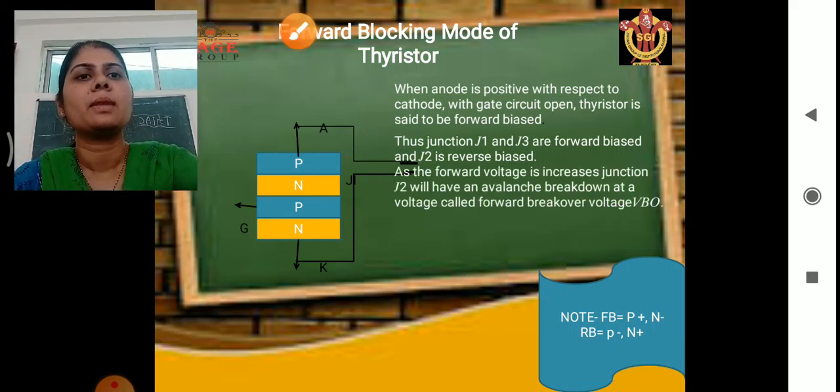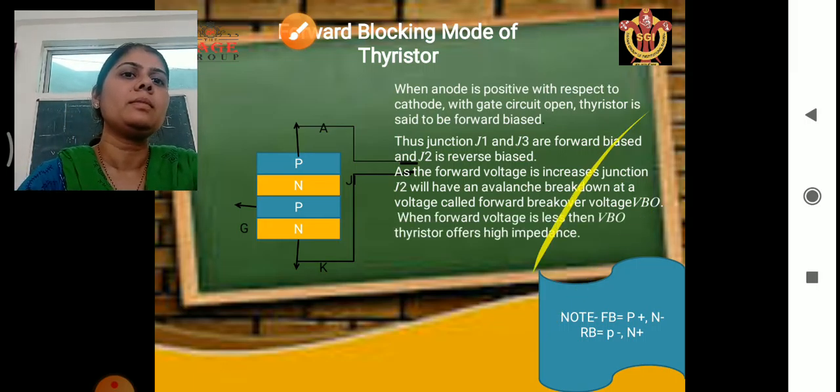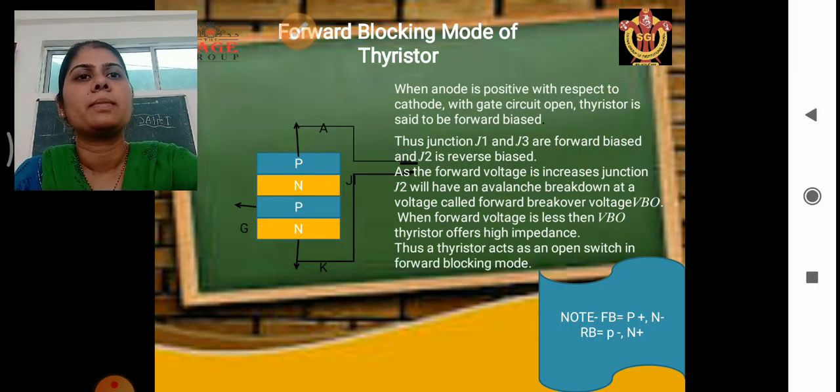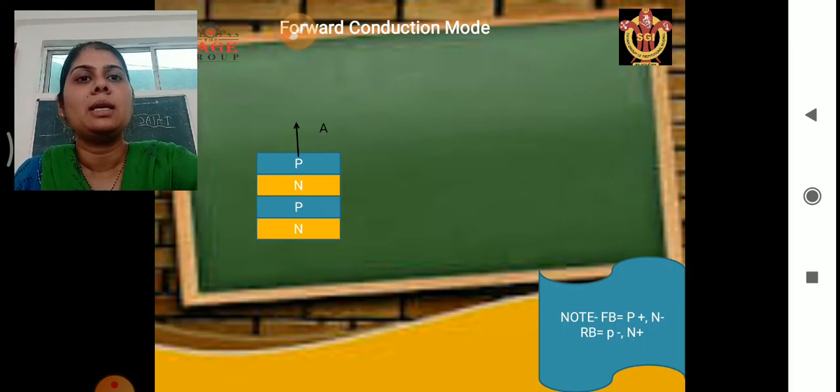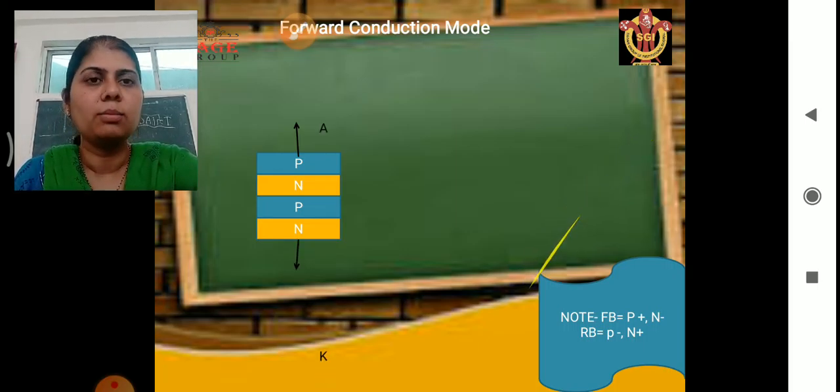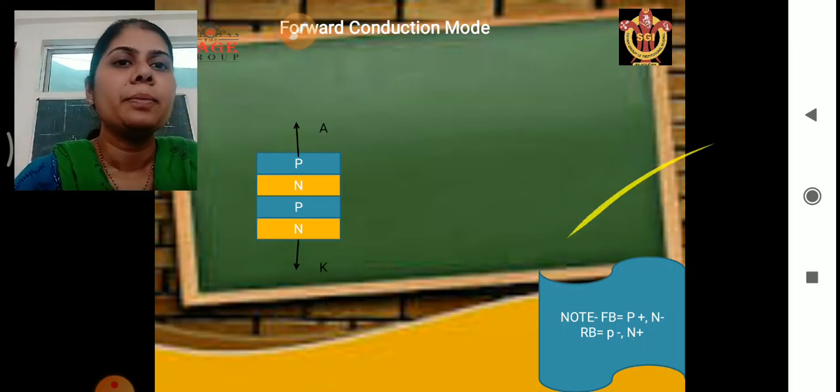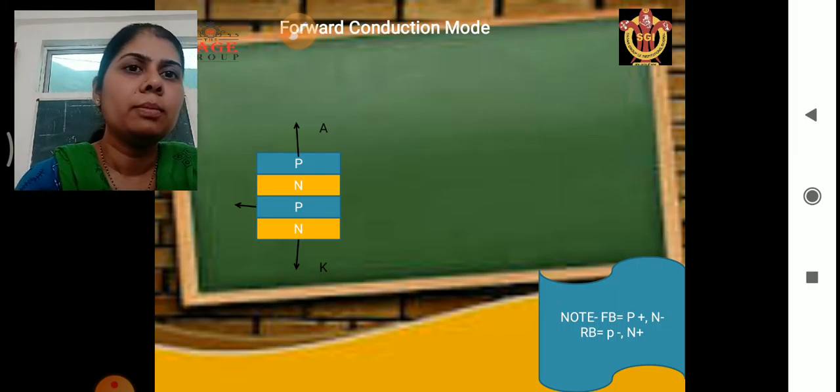Next, forward conduction mode. In this mode, we break the reverse-biased junction.